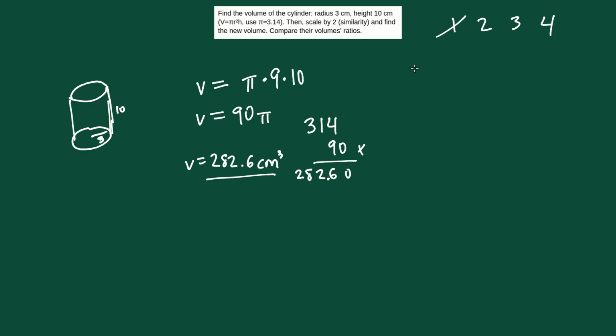Then they say scale by 2. Okay, so step 2. Let's use this brown here. Scale by 2. So if we scale this cylinder by 2 for step 2, the new radius, scaled by 2, is going to be double. So it'd be like double the size. So the new radius would be 6.